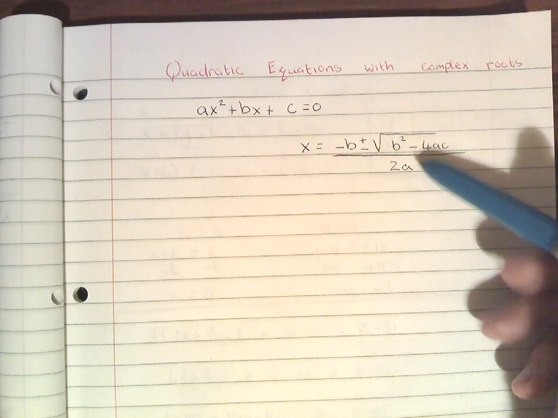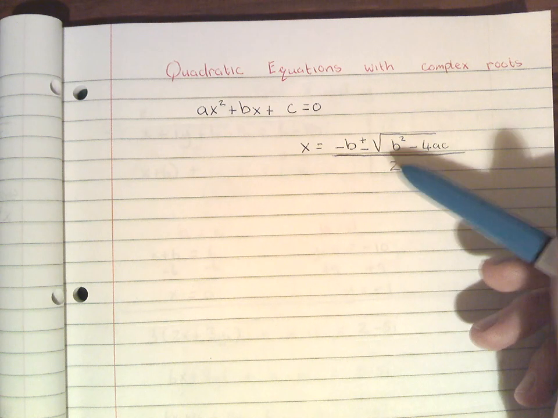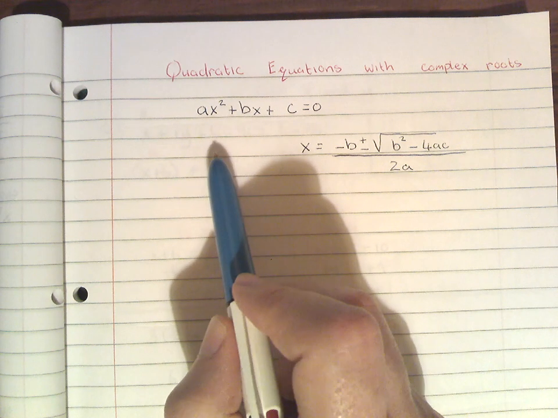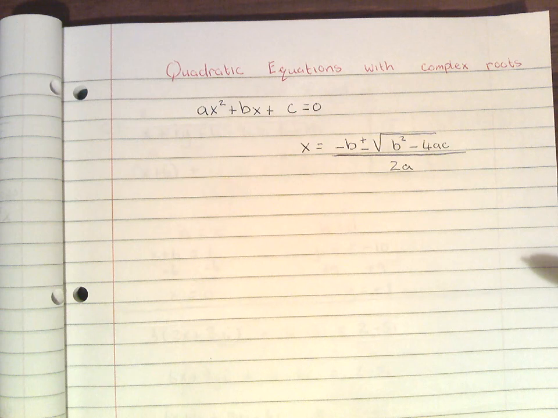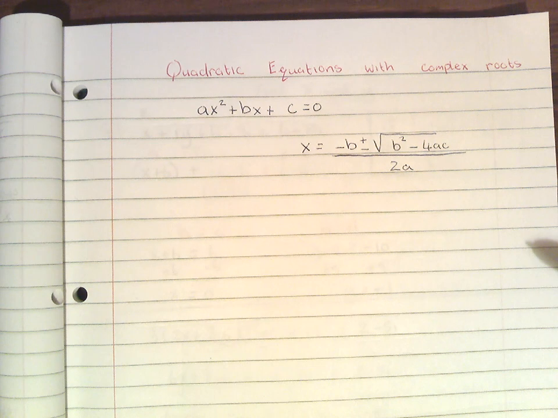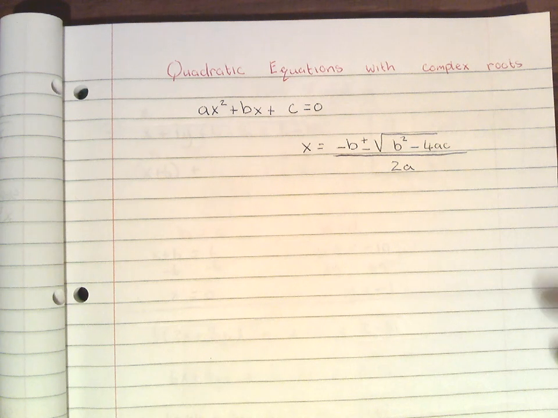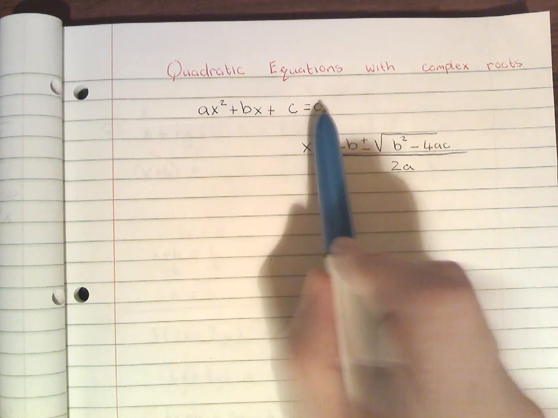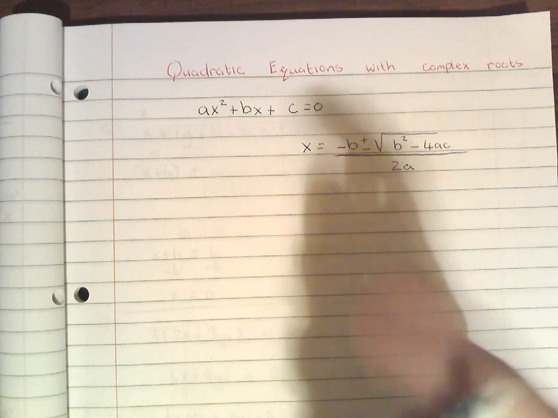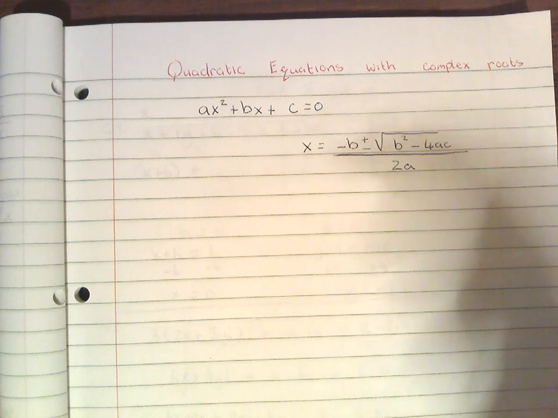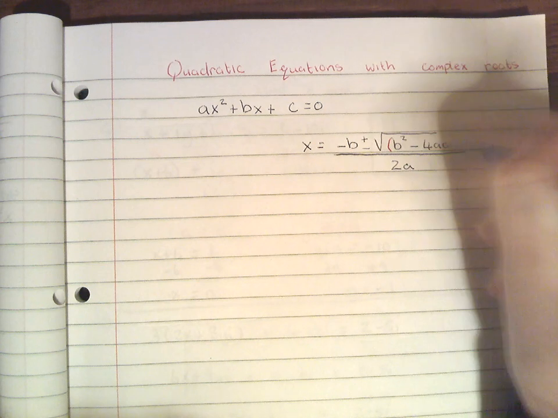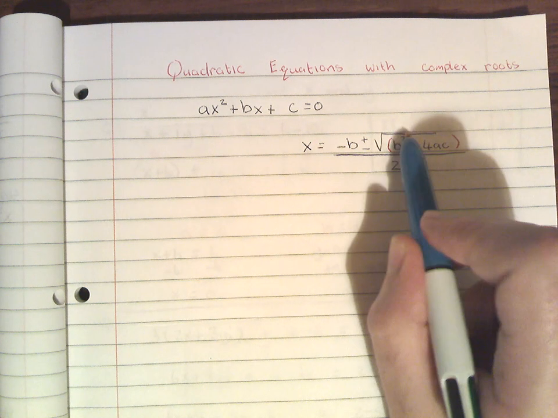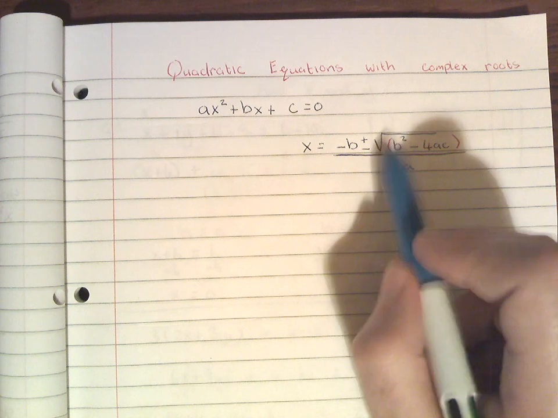Generally you're going to use this for quadratic equations that you can't get factors for through the normal trial and error method. Now what's really interesting is that sometimes you might get a quadratic where this part here, b squared minus 4ac, ends up negative.